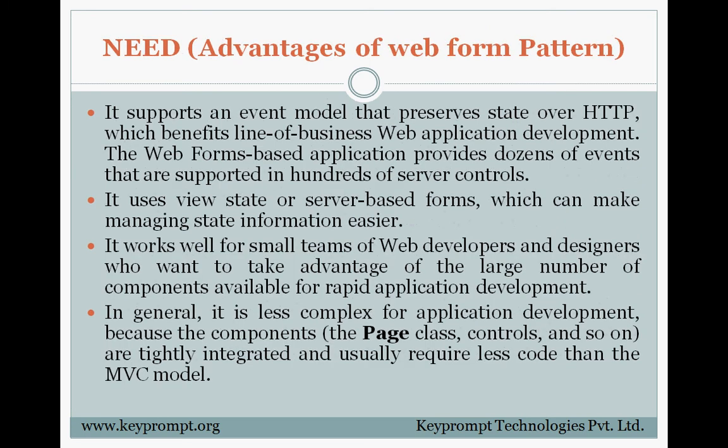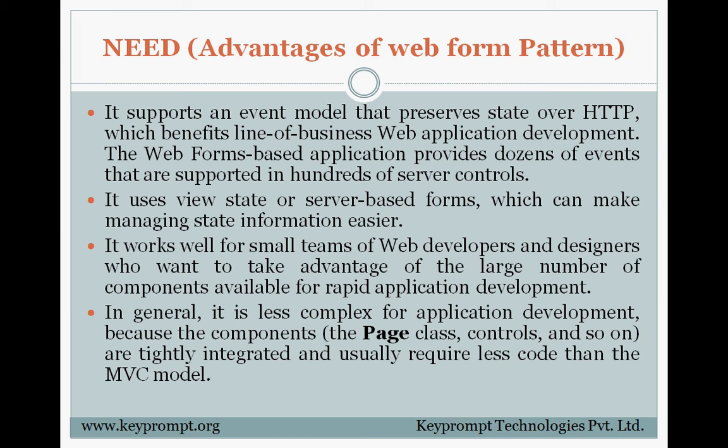If you look at the traditional web form pattern, we have advantages there also, because every technology has some advantages and some disadvantages. When you are working with the web form pattern, you have the event model. You have many events for each activity, and you can handle your application easily. The controls are server side controls, server based forms are there, so there is no headache of maintaining view state and sessions.